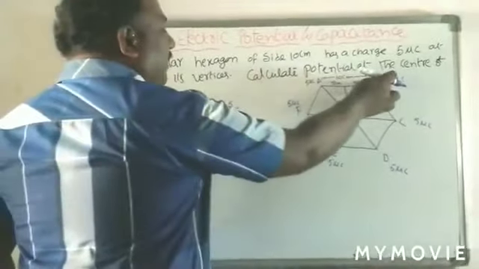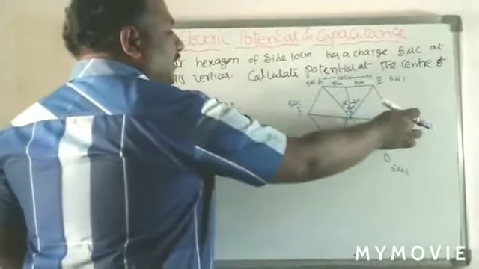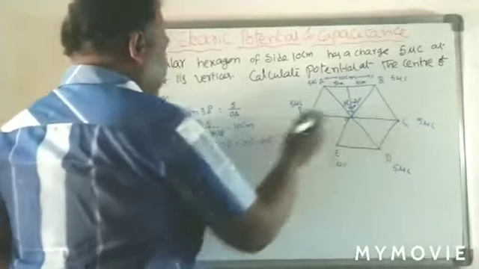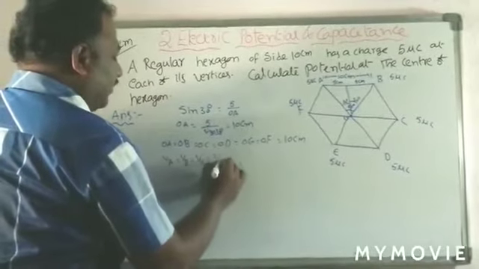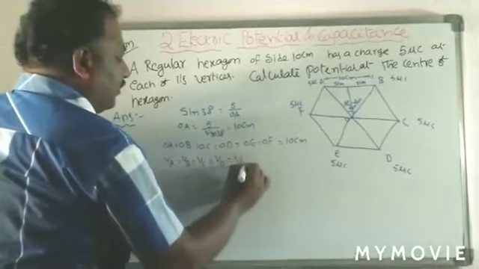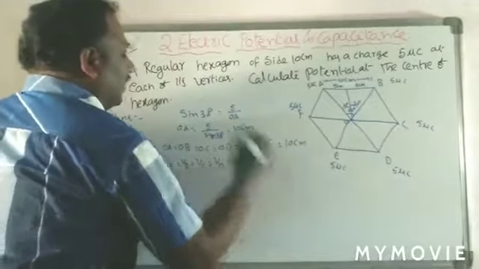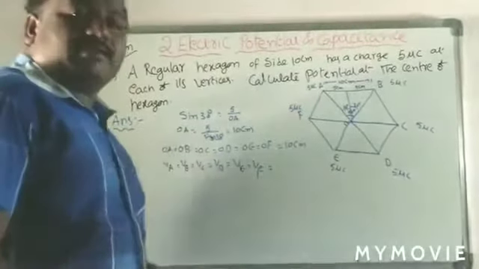Now we find the potential due to A. Here also 5 microcoulomb, same distance. So VA is equal to VB equal to VC equal to VD equal to VE equal to VF. All are creating equal potential.